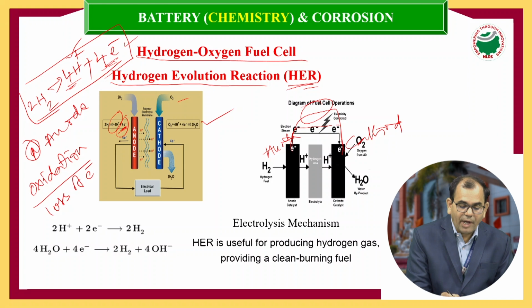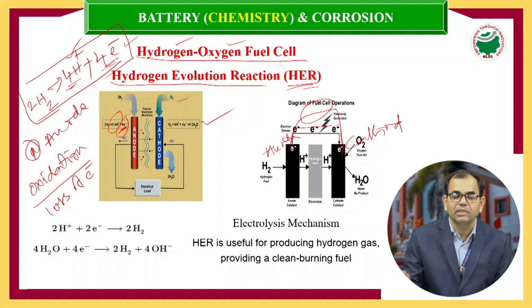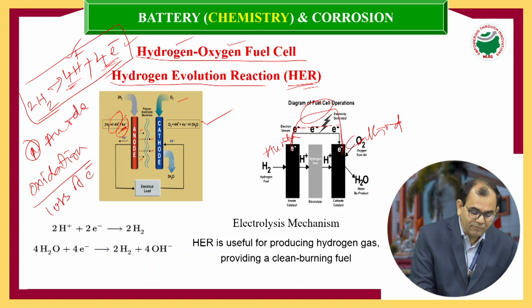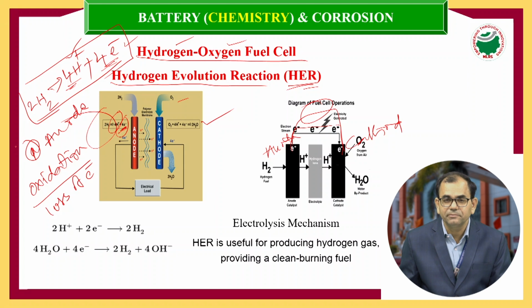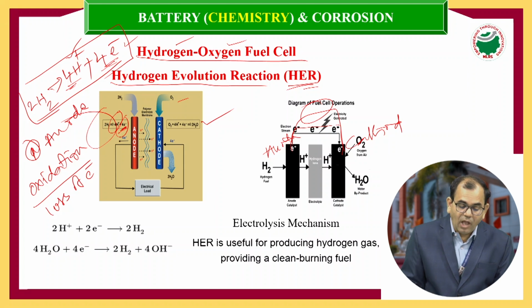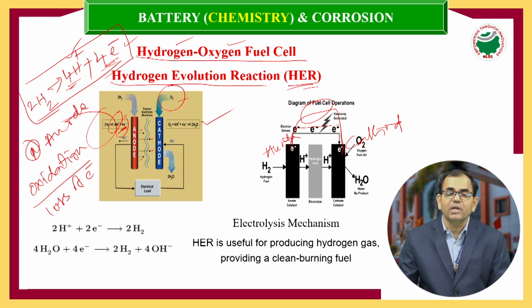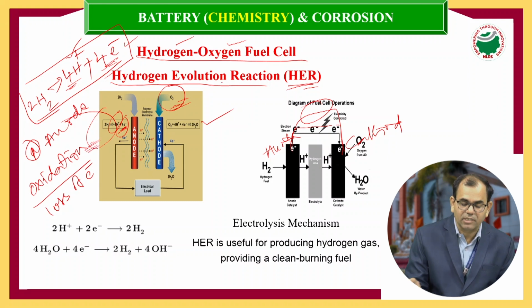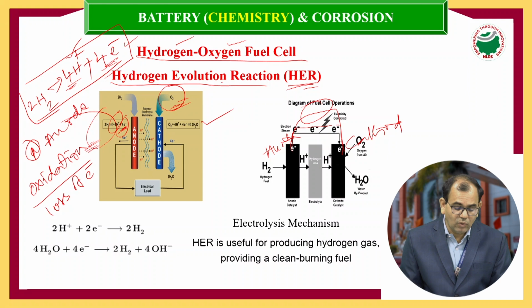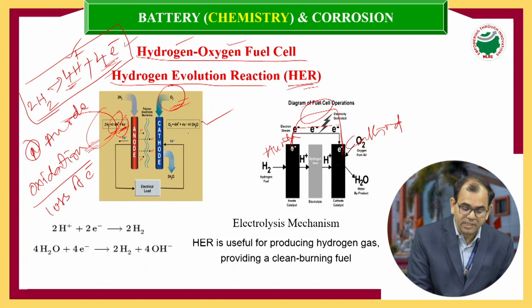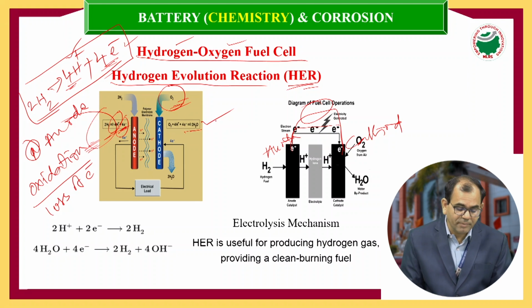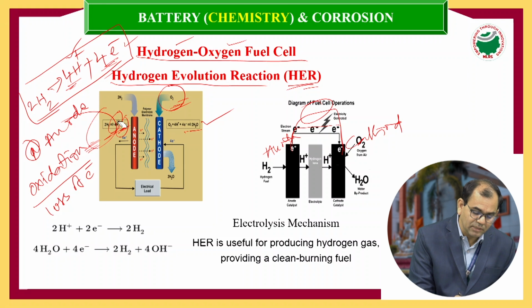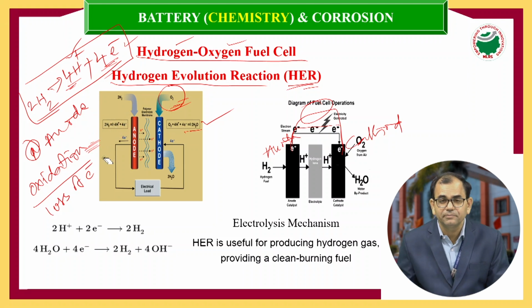Now, the hydrogen oxygen fuel cell. Initially we take hydrogen gas, and oxygen comes from the atmosphere. So hydrogen and atmospheric oxygen go into oxidation and reduction, followed by the release of H plus ions and electrons.